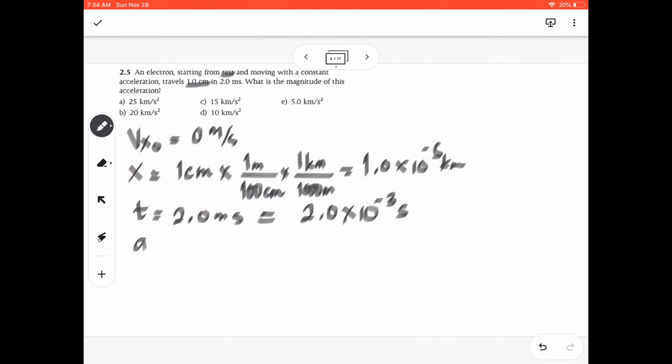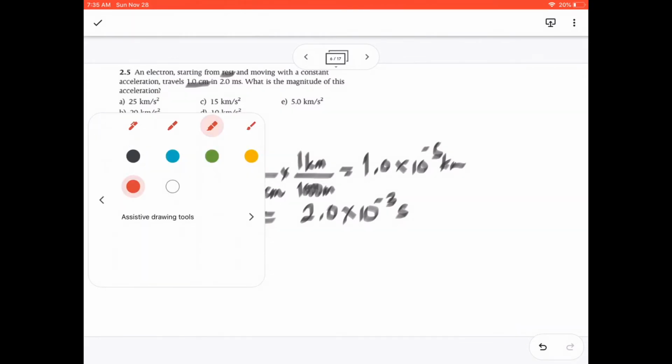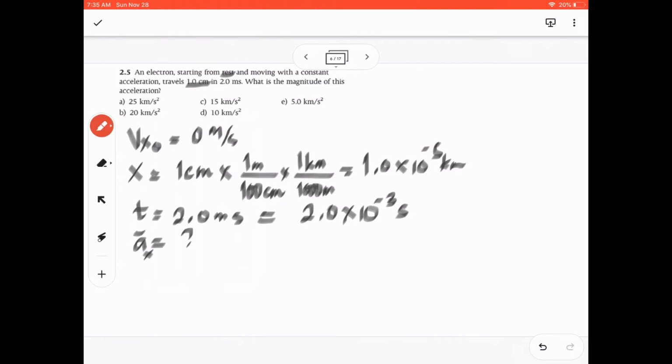We're looking for A along the x-axis, so that's unknown. We're going to use the formula x is equal to xo plus Vxo times time plus 1/2 acceleration along the x-axis times time squared.